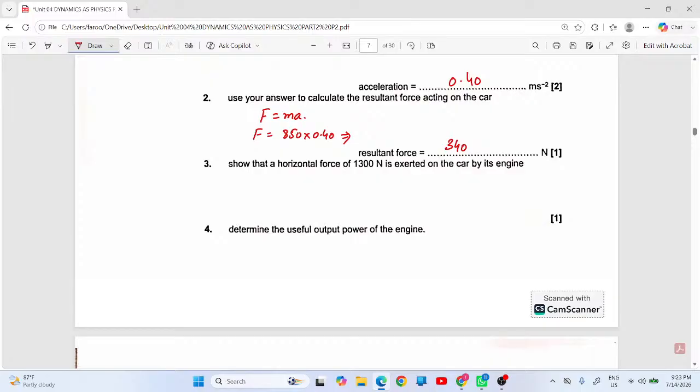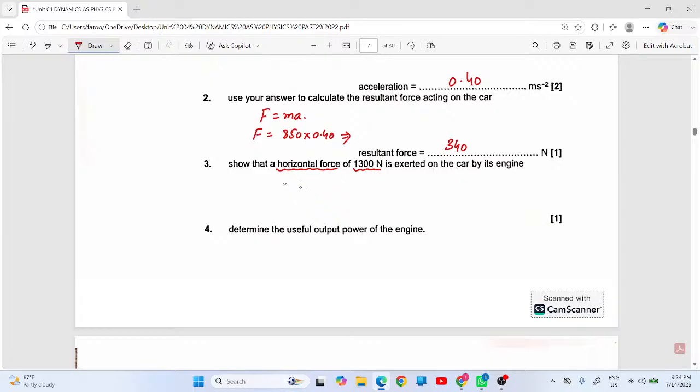Next is, the horizontal force of 1300 Newton is exerted on the car by its engine. Horizontal force. How many forces are acting on the car?